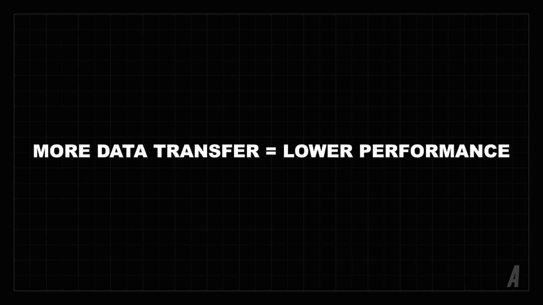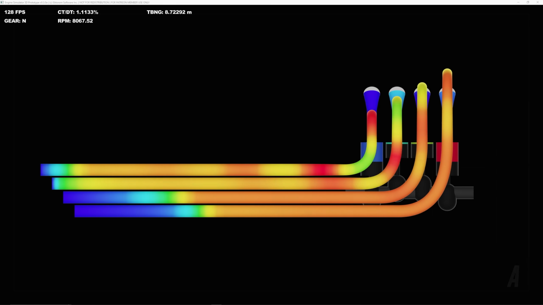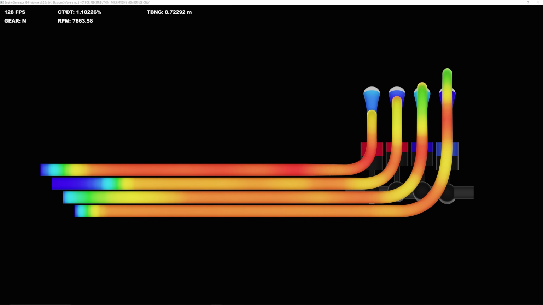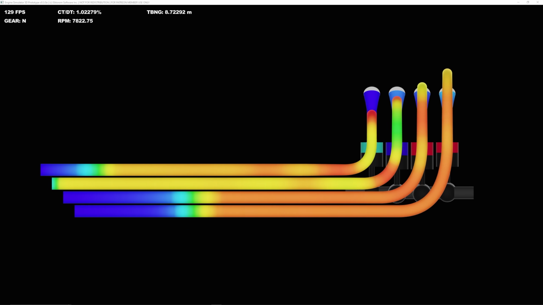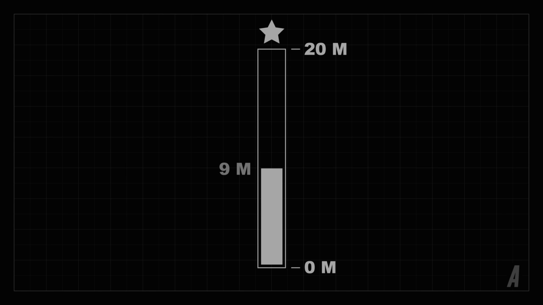It doesn't help that transferring data into and out of SIMD types is not cheap, so if we're constantly reading and writing, the cost will add up, slowing everything down. I found that quite a lot of the data movement actually didn't need to happen, but fixing this redundant data transfer was a bit more complicated and error-prone than I expected. But once it worked, I was able to simulate an additional 1.5 meters of tubing.